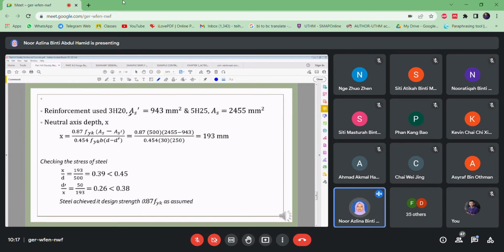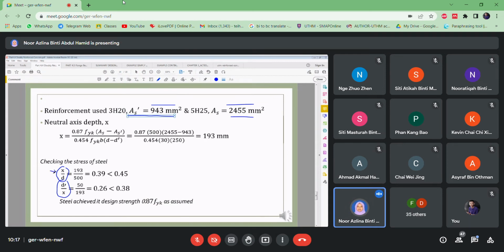So this is AS provided according to the number of reinforcements in the beam section. Okay, you can come out with this area, refer to the tables. Okay, then we need to do the checking. So x divided by d and also d prime divided by x.